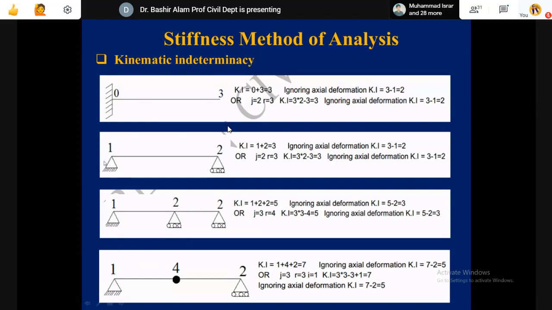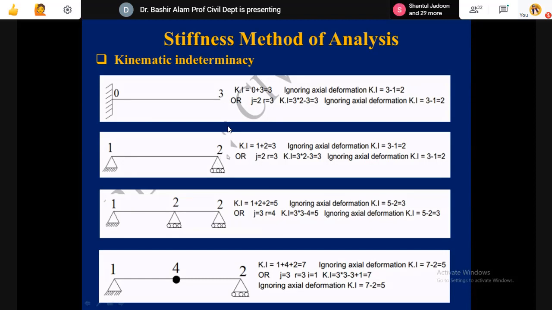Second sketch: on the left we have a hinge support, on the right a roller support. The hinge support allows only rotation. The roller allows horizontal translation as well as rotation. So kinematic indeterminacy is 1 plus 2, equal to 3 degrees, 1 from here and 2 from here.